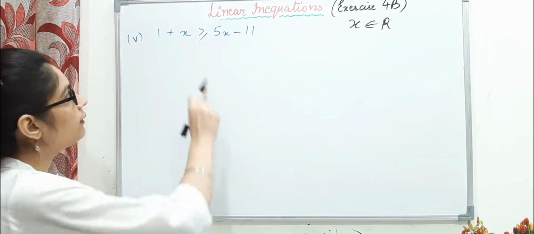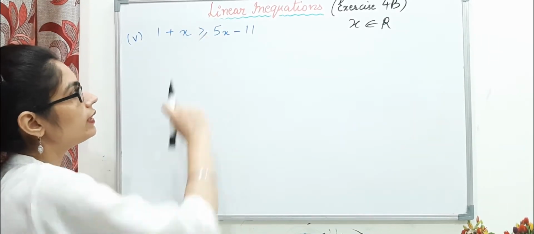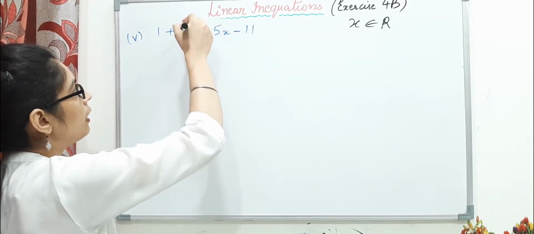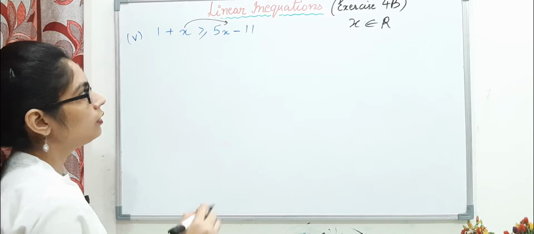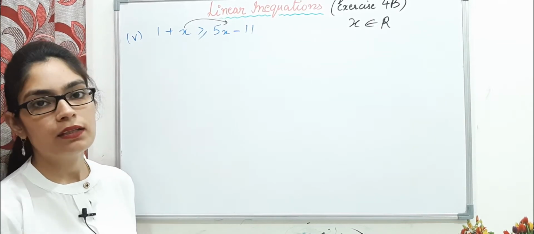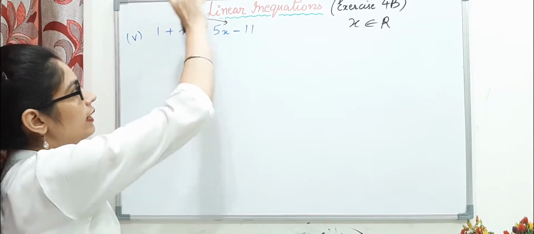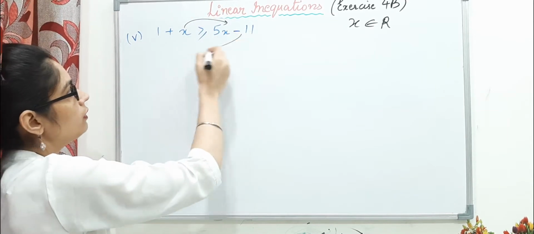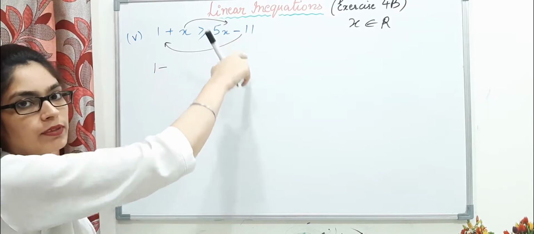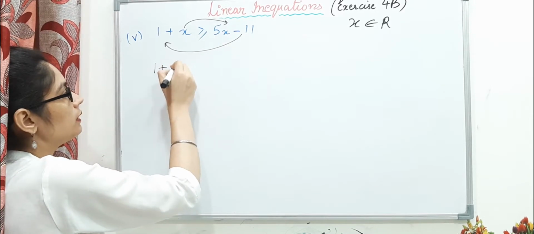In fifth part, it's given 1 plus x is greater than equals to 5x minus 11. So I'll shift x to this side. See, both any way you can do, the answer will be same. Just apply the rules. So I am shifting x to other side and 11 to this side. So 1 as it is, minus 11, if I shift to this side it will be plus 11.